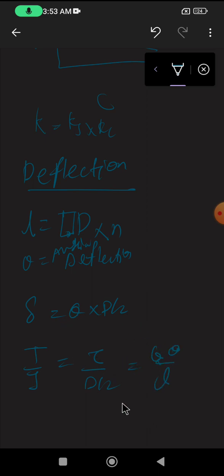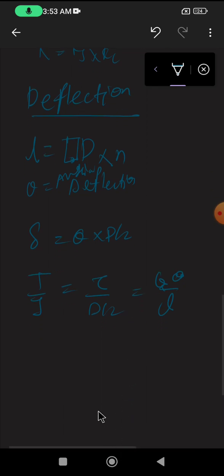If we make theta the subject, theta will be equal to TL by JG, where J is the polar moment of inertia of the spring wire, pi by 32 d raised to 4, and G is the modulus of rigidity.